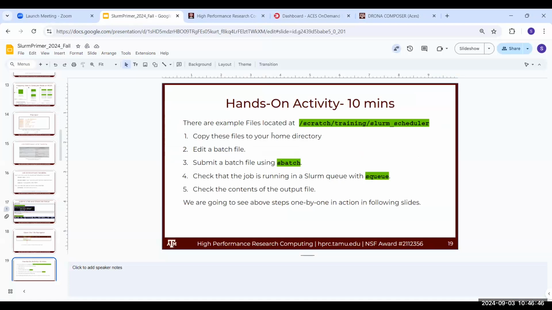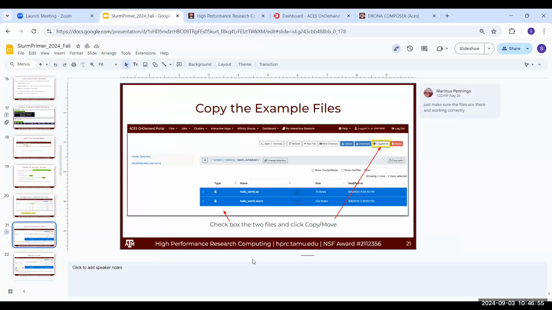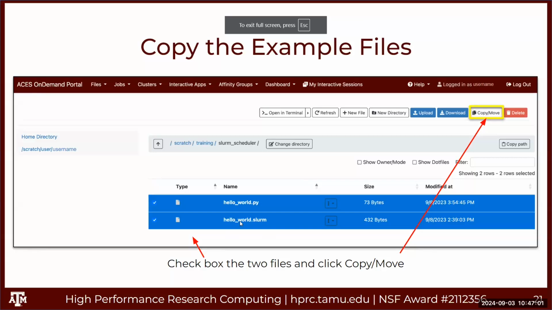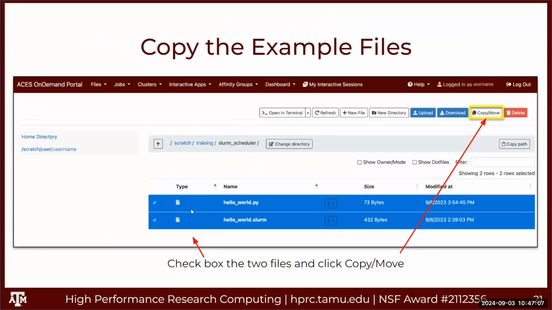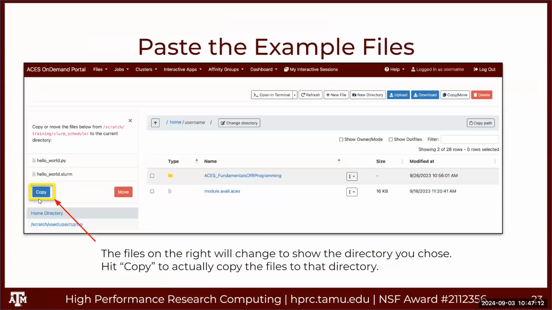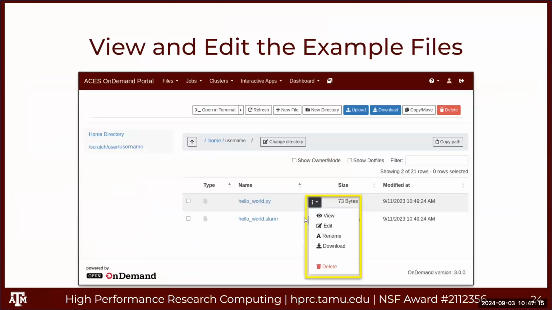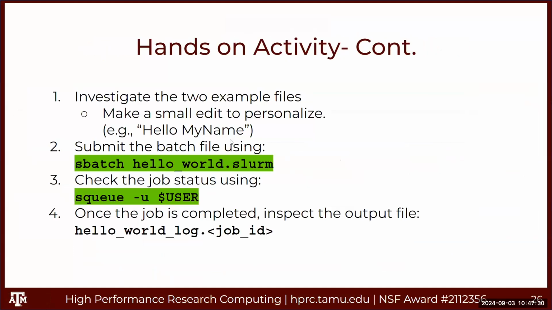And the guide asks us to locate some files called hello world.py and hello world.slurm, and copy those files into the home directory right here. And this is optional. You can edit your Python file, and you can also open a terminal to edit or tinker with the files.